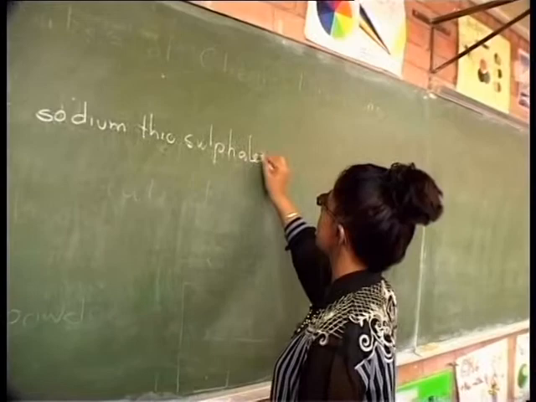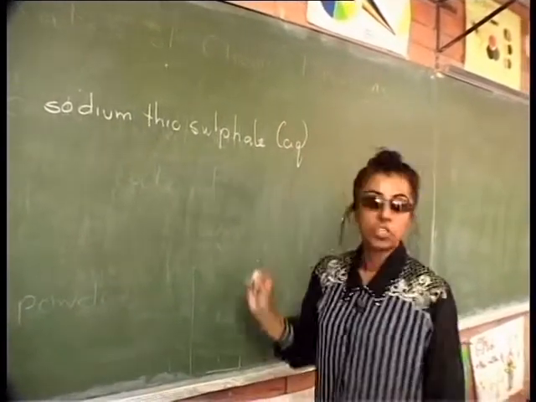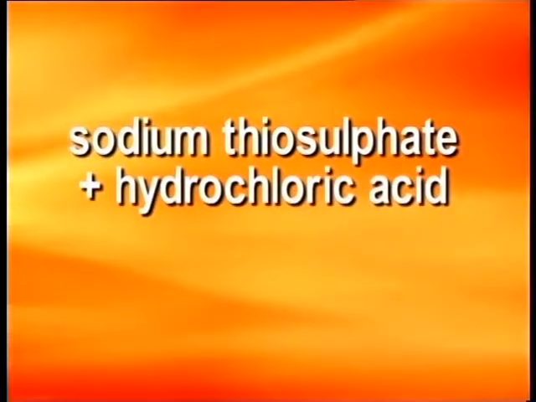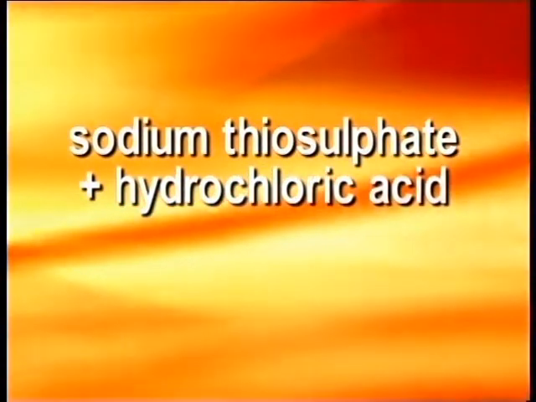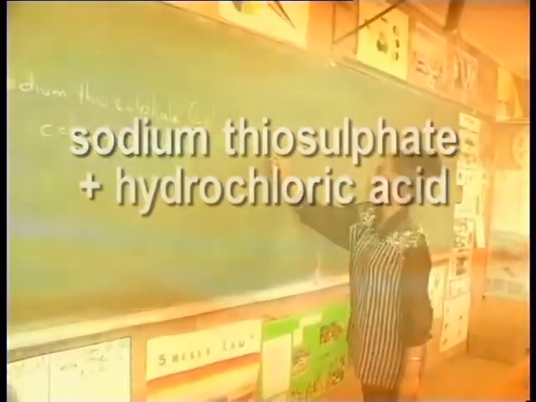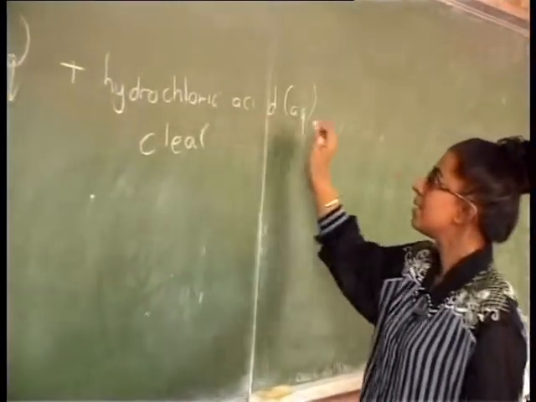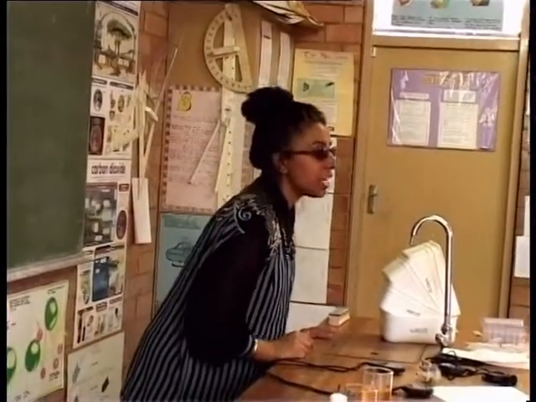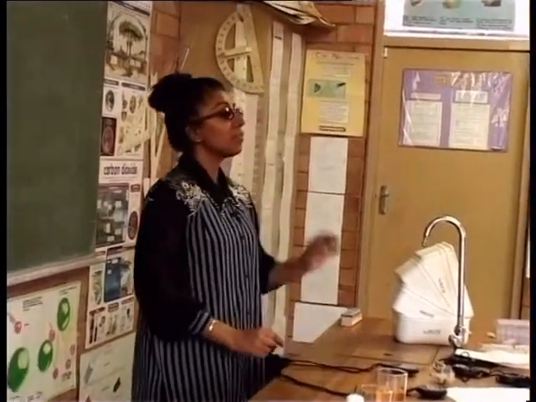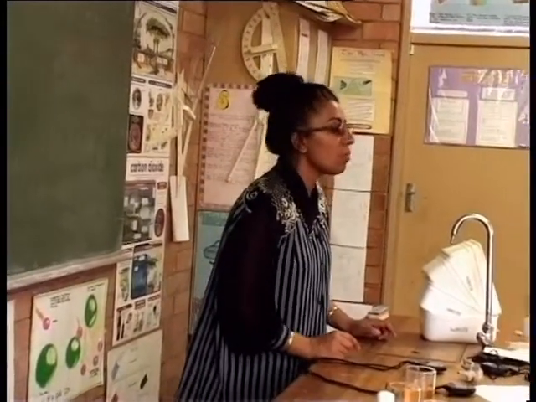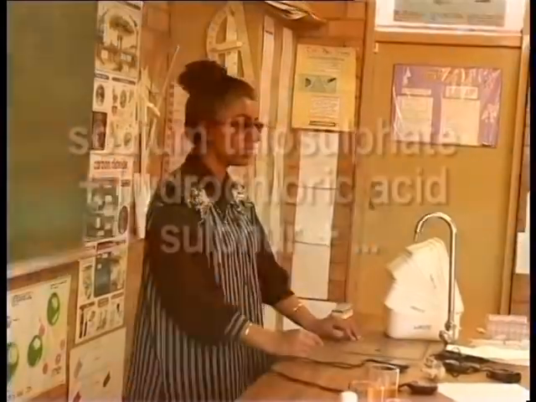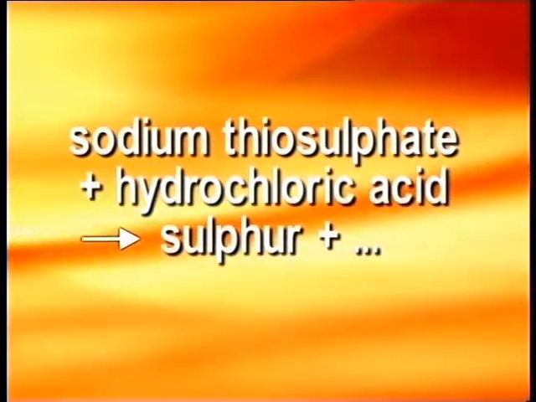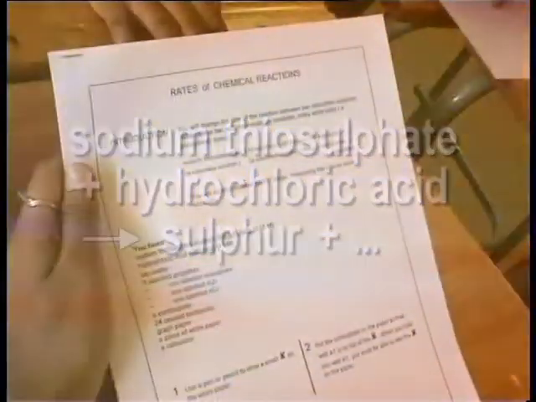Sodium thiosulfate, which is a colorless solution, reacting with a hydrochloric acid solution, which is also clear or colorless. When the 2 react with each other, they will form a milky white substance, sulfur, which is a precipitate.